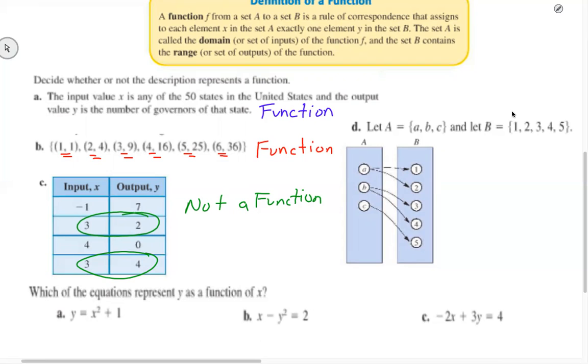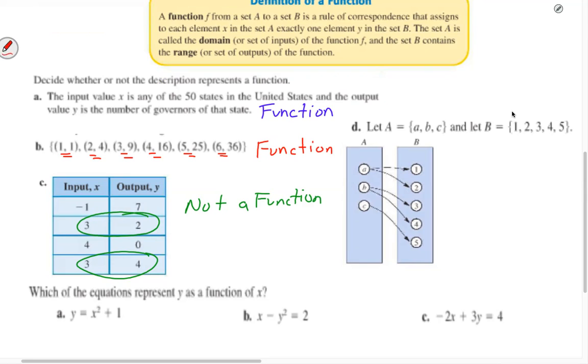Is A the input or is B the input? A, very good. A is the input. Why is A the input? Well, notice the things are going from A to B. So A is the input.